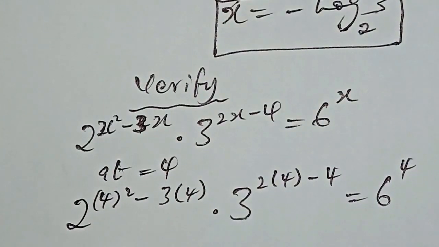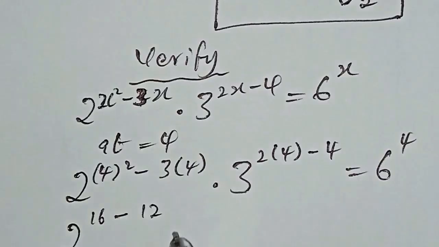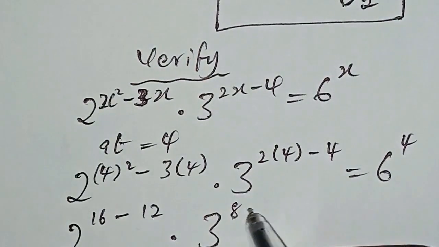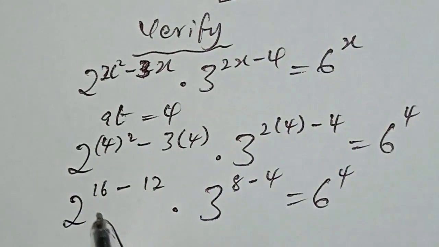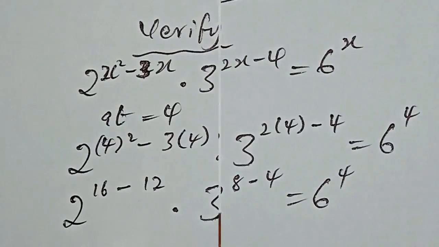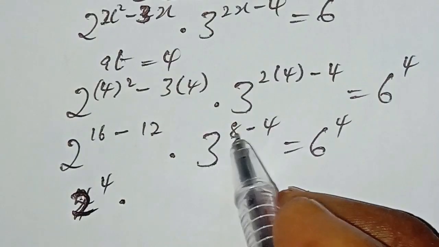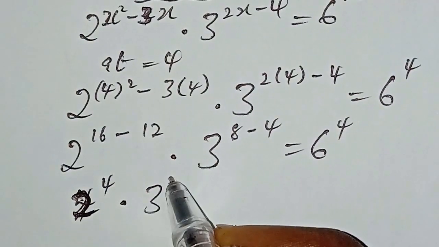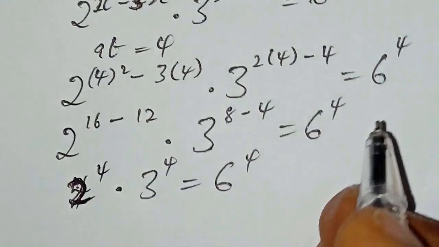So this will give us 2 to the power of 16 minus 12, then 3 to the power of 8 minus 4, equal to 6 to the power of 4. So we have 2 to the power of 4, then multiply by 3 to the power of 4, which is equal to 6 to the power of 4.